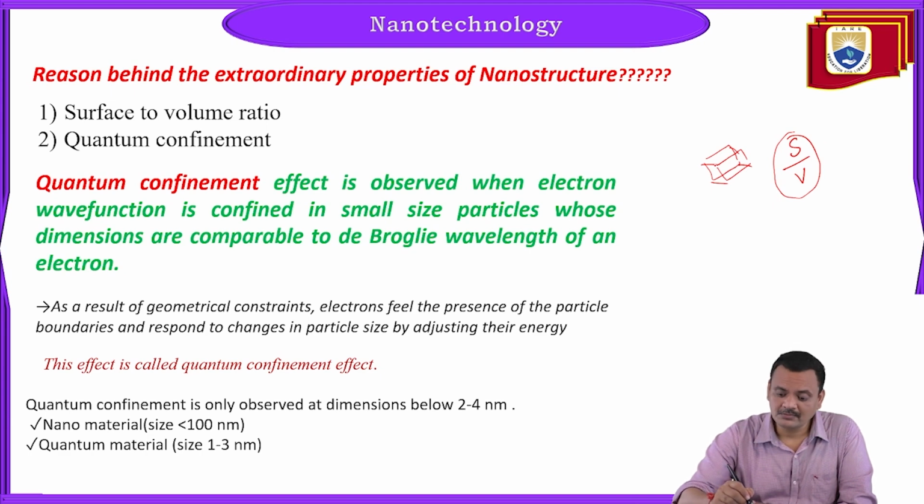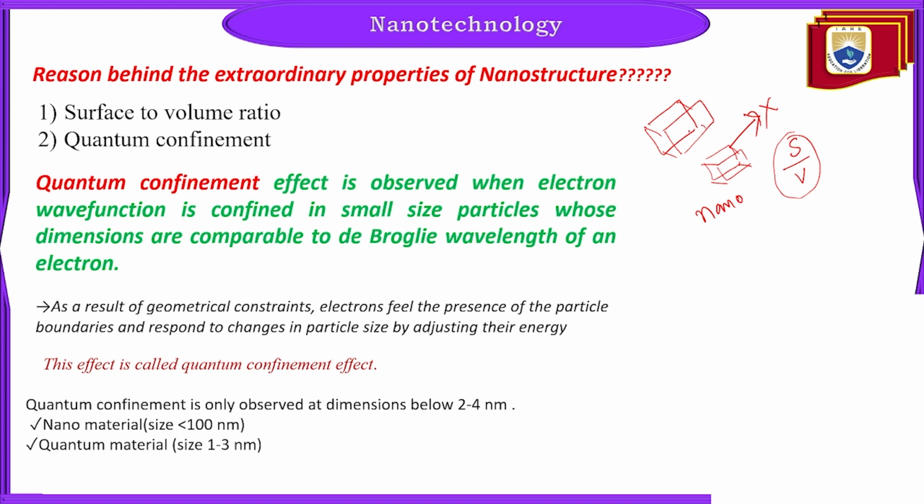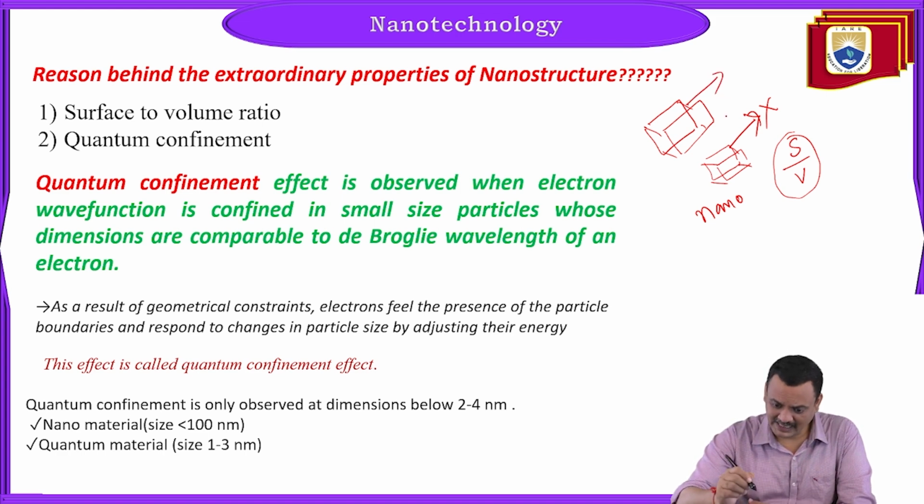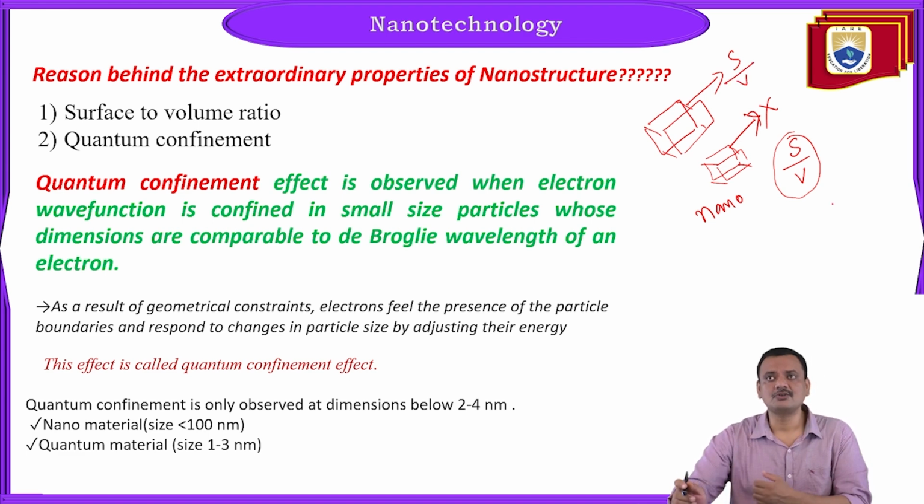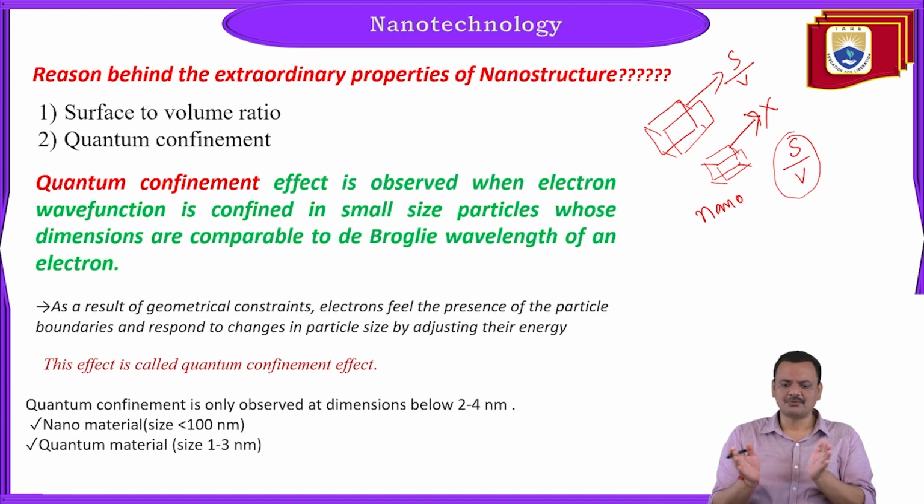Now the same X material is also available in bulk form, meaning every dimension of this material is greater than 100 nanometer. Calculate the surface to volume ratio for the same X material in its bulk form. Again you can calculate the surface area and volume of the material. The surface to volume ratio will always be high once you go into the nano region.